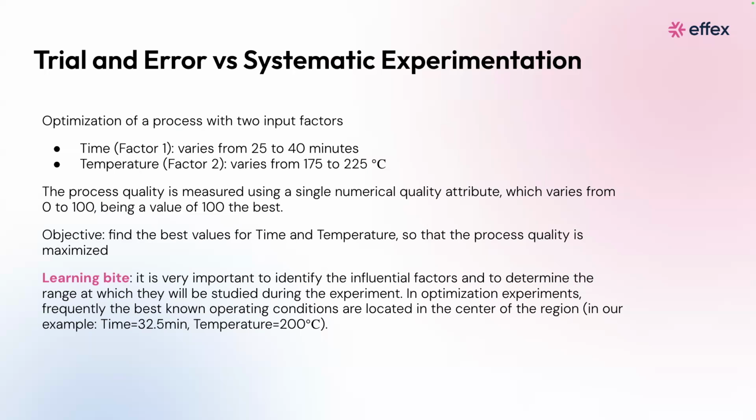It is important to set a range that is not too narrow, so you don't lose interesting phenomena that may happen, but the range should not be too wide, so that too many things are happening and you end up identifying very little. So this is important. Very often in optimization experiments, the best known operating conditions are located in the center of the region, which is the average of the ranges, in this case, 32.5 minutes for the time and 200 Celsius degrees for the temperature.